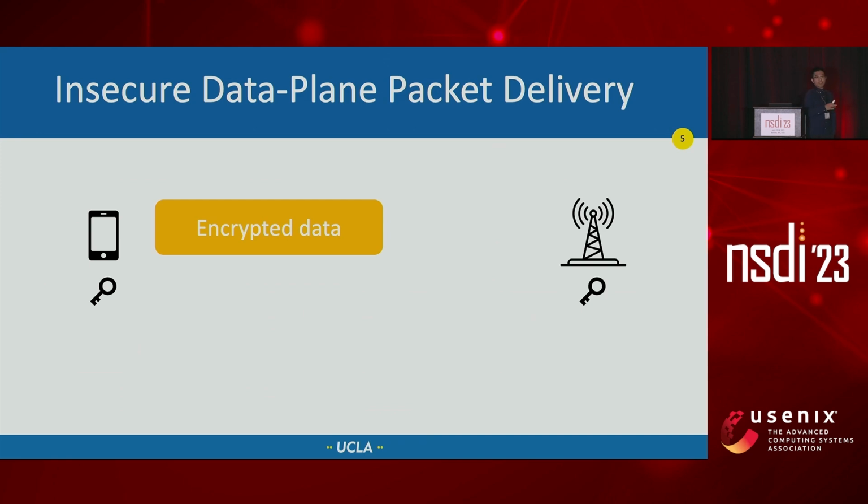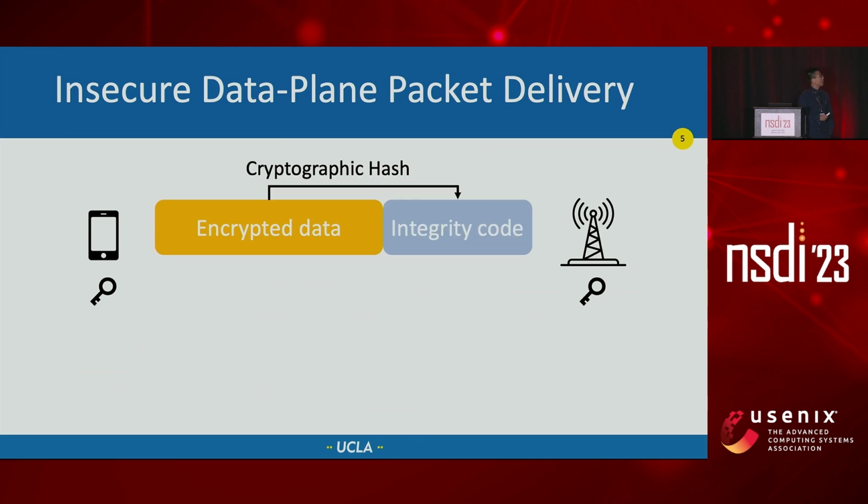Both sender and receiver share a symmetric key, and only the receiver that has this key can correctly decrypt the data. The second measure is integrity protection. They calculate a cryptographic hash based on the encrypted data and attach that integrity code to the data. The receiver who has the key can use this integrity code to verify whether the data has been manipulated or not.